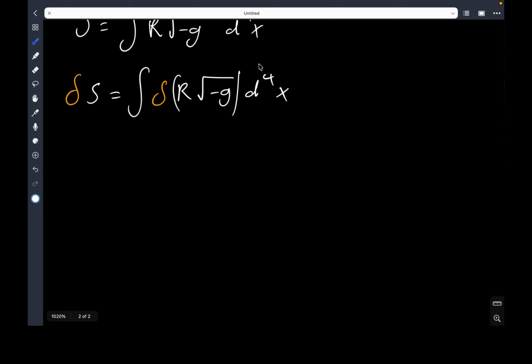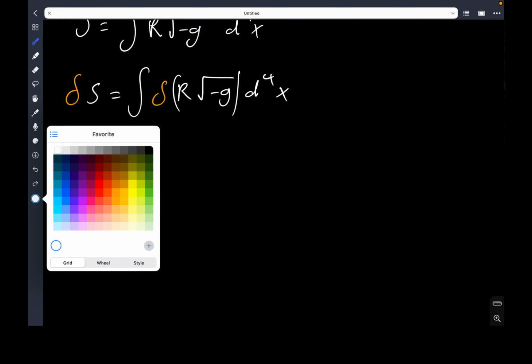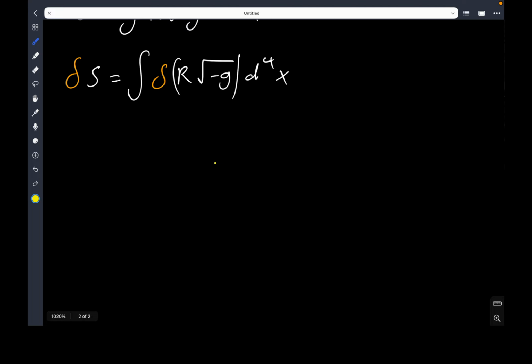And we're taking the variation of this, just like the product rule of calculus, where the derivative of a product is u prime v plus v prime u. The variation works exactly like that; that is the rule of variation.